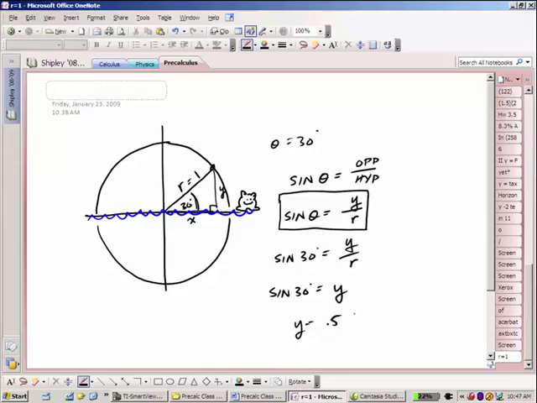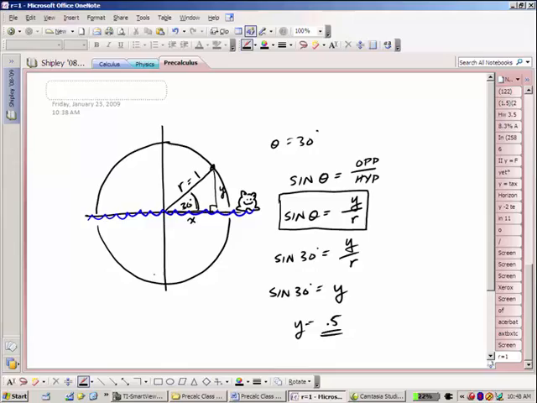And sometimes you can use the inverse sine if you know the ratio and you want to find the angle. That's the sine with the -1 above it. We did this, I think, in geometry. Sometimes you want to find the angle, sometimes you want to find the ratio. Here, we wanted to find the ratio, and the ratio is 0.5. So that tells us the y value is 0.5.